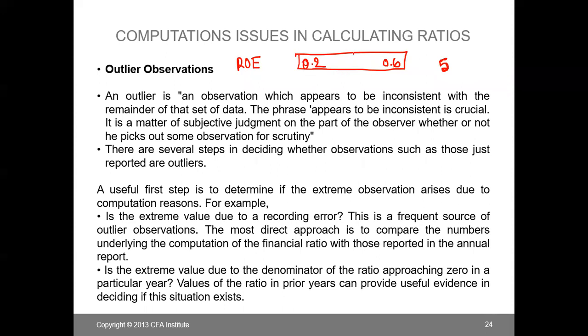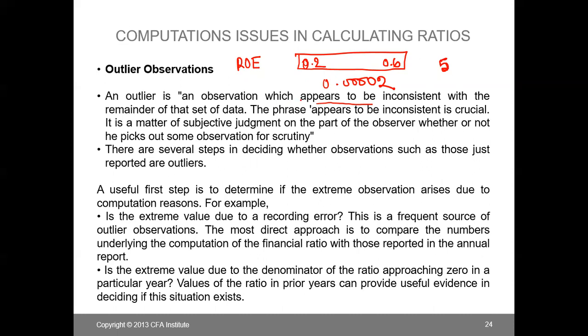For some reason, you do not know what happened. Or your ROE has become like 0.0002. Some strange numbers. It appears that it is not following the descriptive statistics of the whole set of observations.